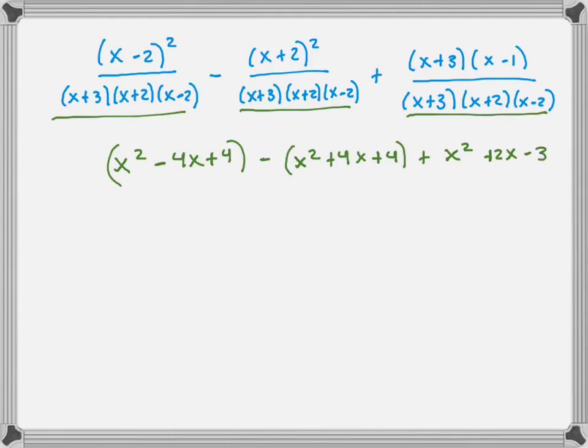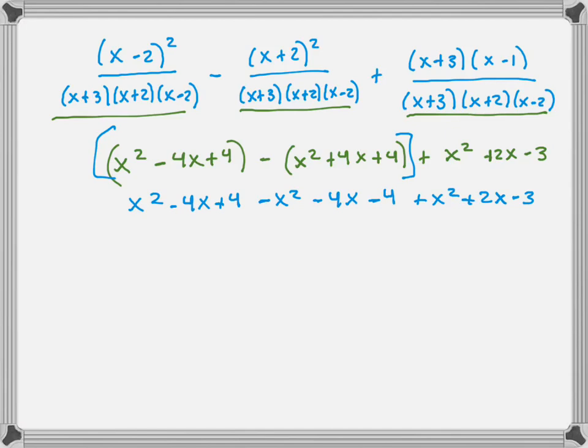So looking at just the first 2, we can see that some things are already starting to cross out. So when we actually go through this and write it all out, we can see that this is minus x squared minus 4x minus 4 plus x squared plus 2x minus 3.